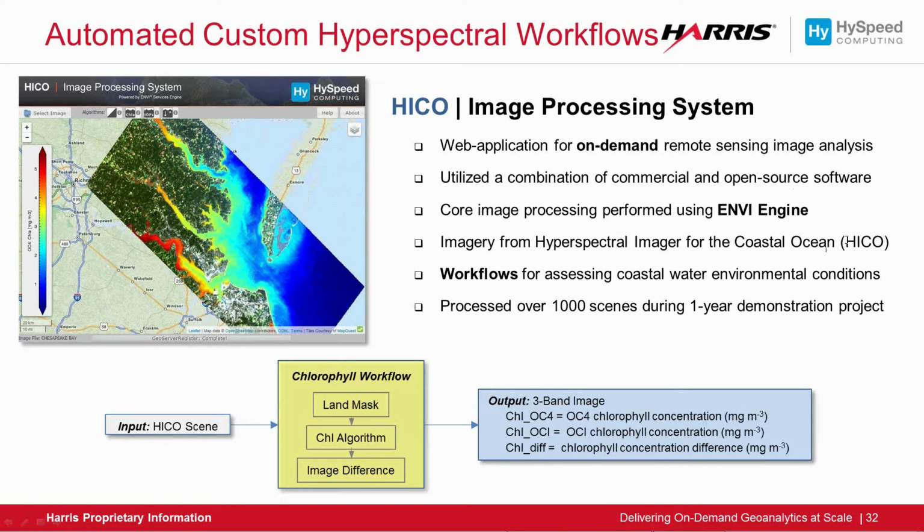I guess I should say, what is HyCO? HyCO is the hyperspectral imager for the coastal ocean. It was originally supported by the Office of Naval Research, and then in its last 2 years of life, it was funded by NASA. The data all lives on at NASA, so you can still access all of this data.